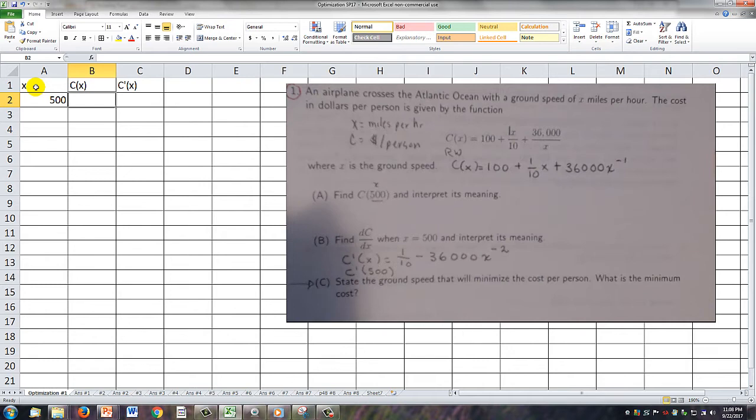But let's put the function C of x in. Okay. And then we'll put the derivative in.